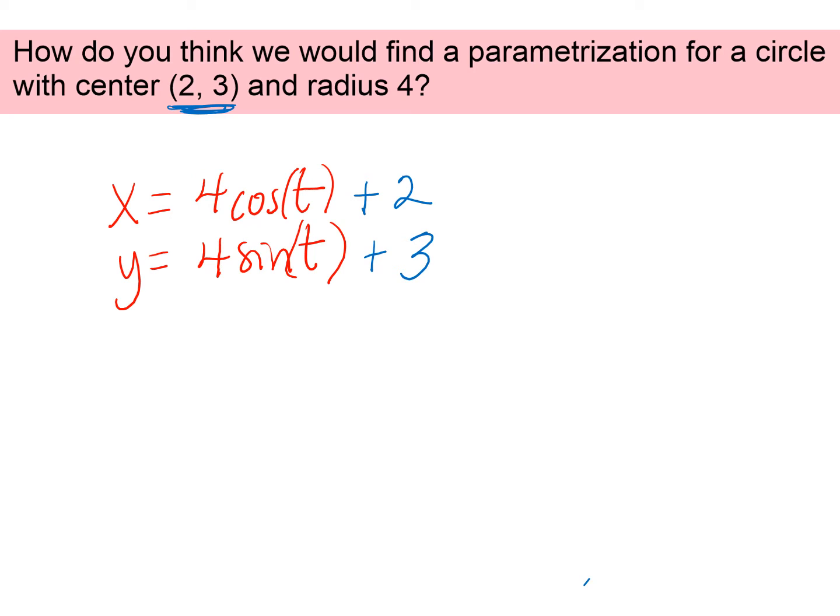Some of you may be thinking that should be a minus 2 because of how we talk about the x's, but again, these are parametric equations. So to move to the right, you add. To move to the left, you subtract. To move up, you add. To move down, you subtract. So a little bit different than when we were studying just regular functions in rectangular form.